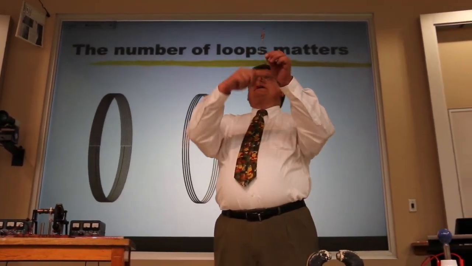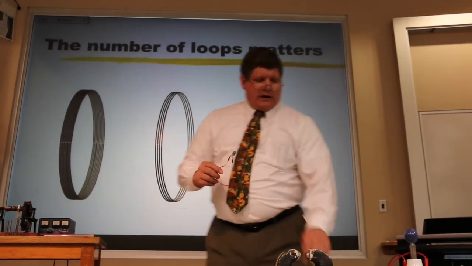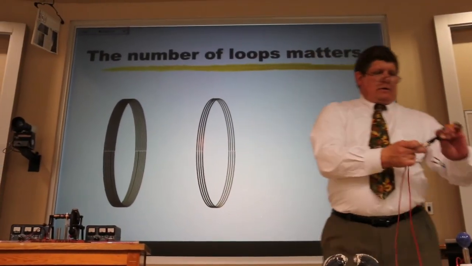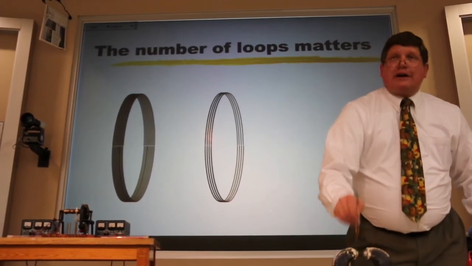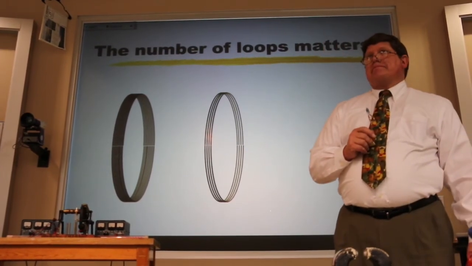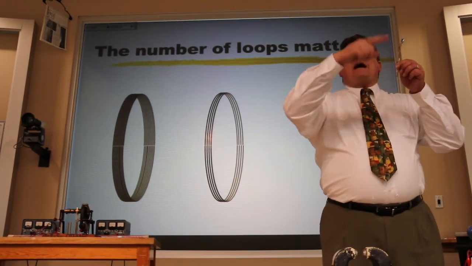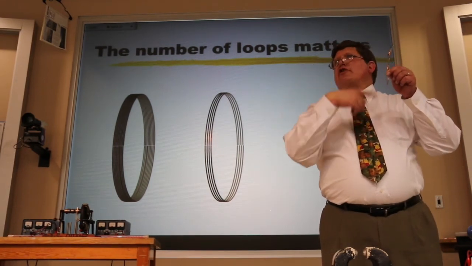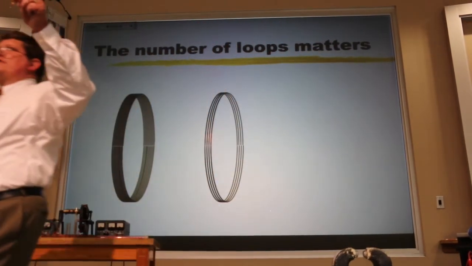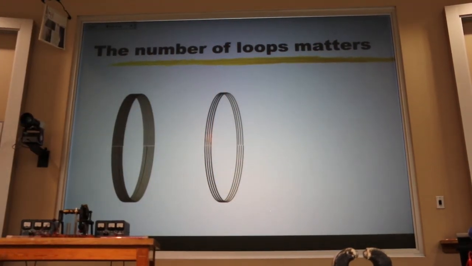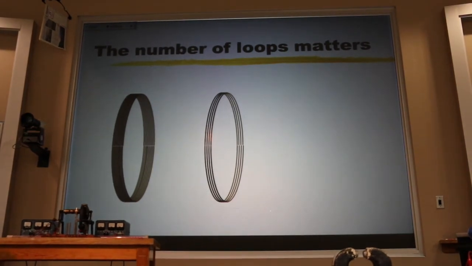Okay? Now, there's one big idea that we kind of skirted, and that is that if I take a bulb and connect it to only 2 loops instead of 100 loops, I can do this as quick as I want. I'm never gonna flash that. It depends on how many loops you have in your coil. If I change the number of field lines through this loop from 0 to 4, I send 4 through the first loop and the second loop.